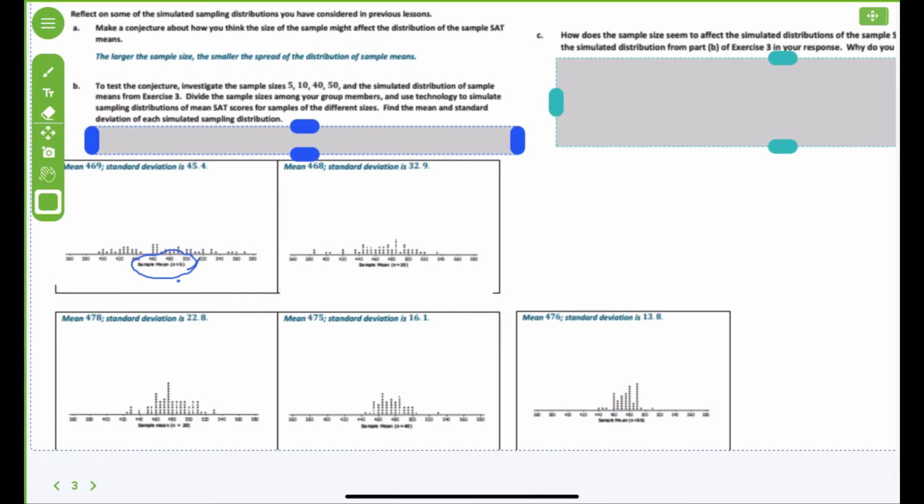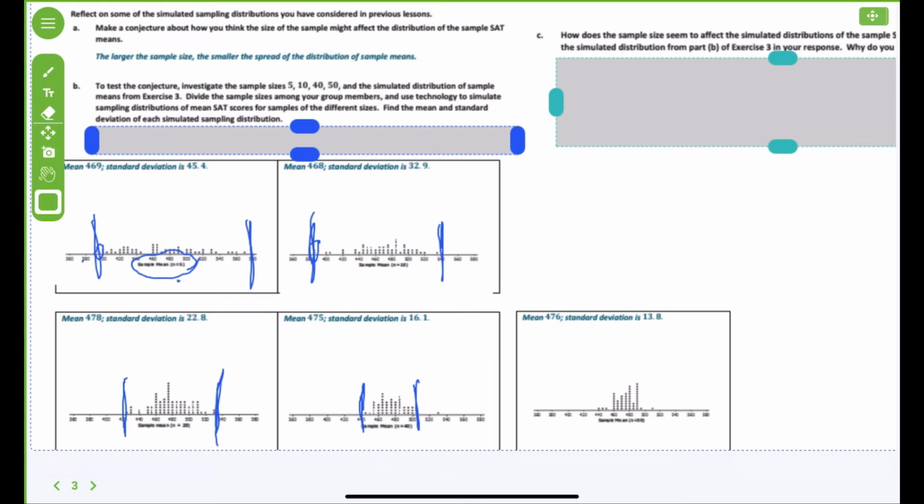Okay. If you only take 5 samples, you find the mean, and that is what is plotted here. Okay. Now, a sample size of 10 is here. Notice this ranges pretty wide here, and then it is narrowing down. This is a sample size of 20, and it's narrowing down.